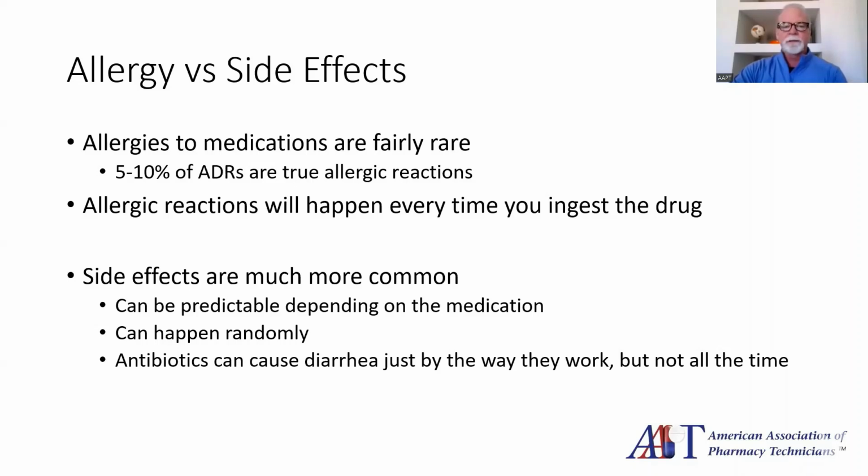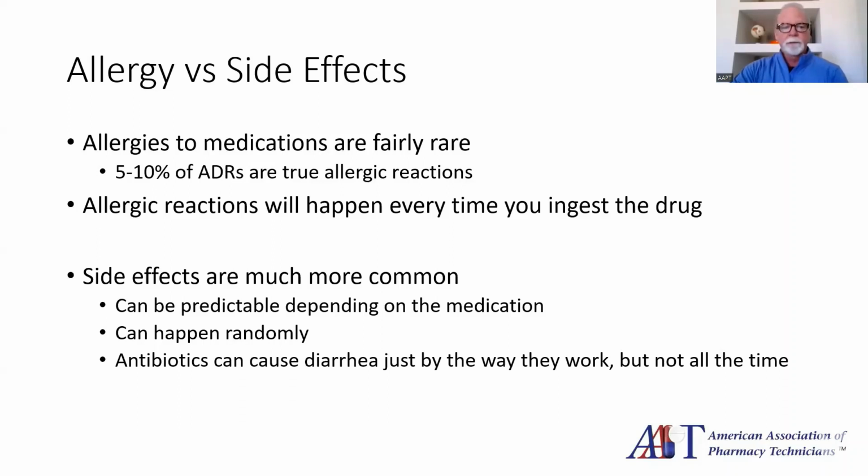Side effects, on the other hand, are much more common. These are usually what we see when we prescribe medications. They can be predictable depending on what type of medication you're giving. They can happen randomly. So a patient might take a medication and get diarrhea, and then a year later they may have that same medication and nothing happens.